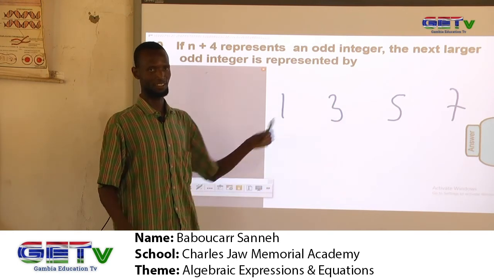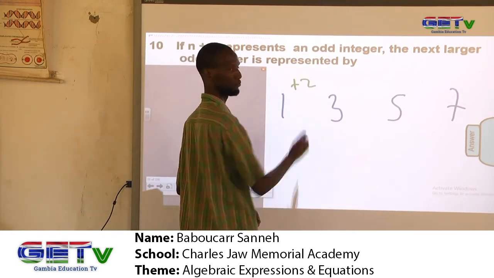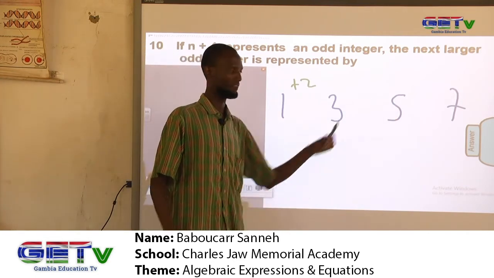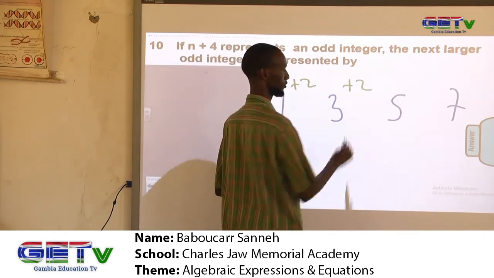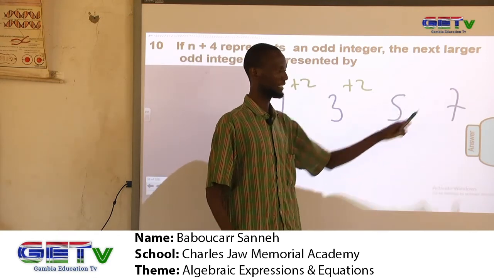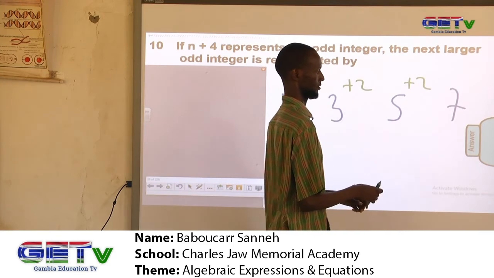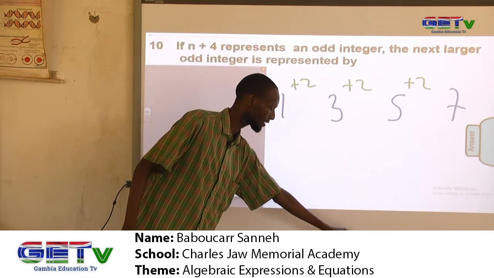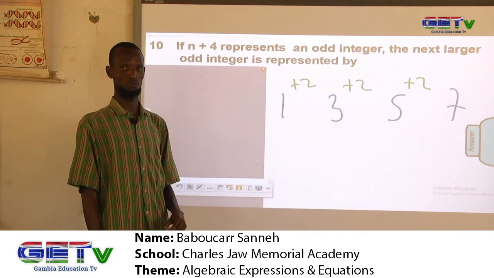From 1 to 3, what did he do? Plus 2. Now, from 3 to 5, what did he do? Plus 2. And then, from 5 to 7, you still continue doing the same plus 2. In essence, to move from one odd number to the next, you simply add 2.